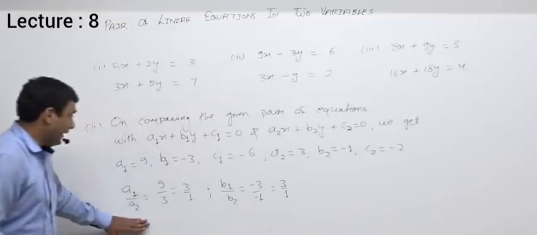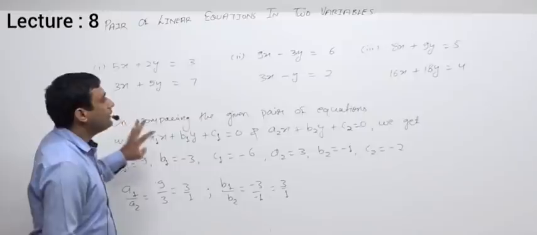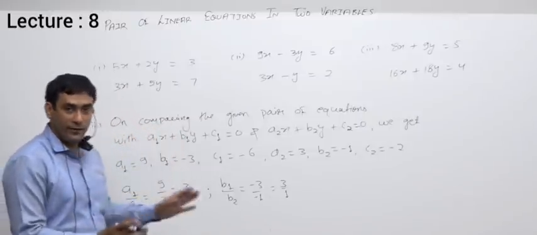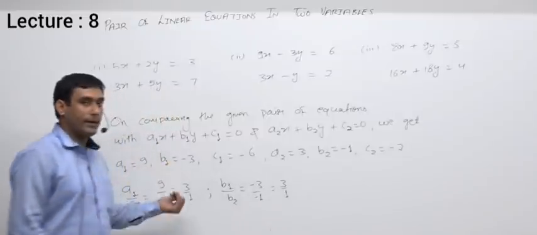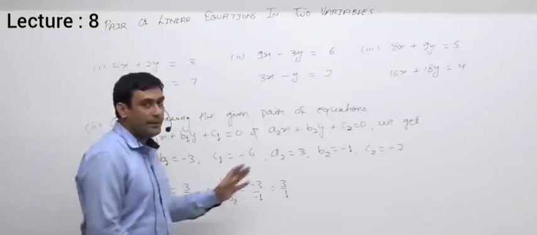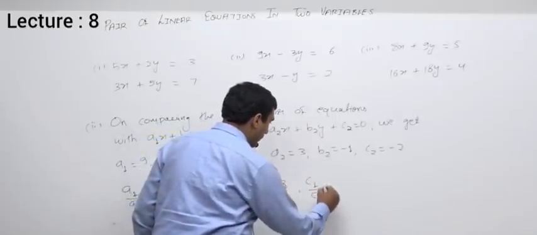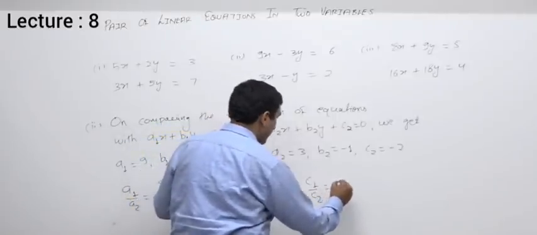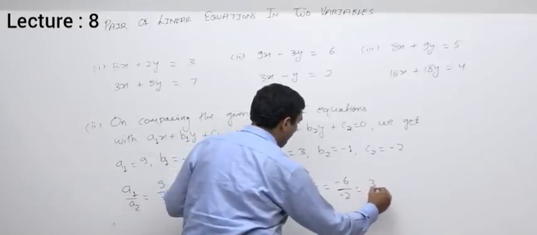So here we can see a1 upon a2 is equal to b1 upon b2. That means for sure we won't get the unique solution. Either we'll get infinitely many solutions or we'll get no solution. That means we are talking about the second condition or third condition. That depends on c1 upon c2. So c1 upon c2 is minus 6 upon minus 2, that is again 3 by 1.